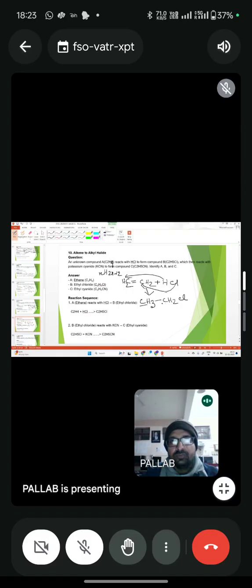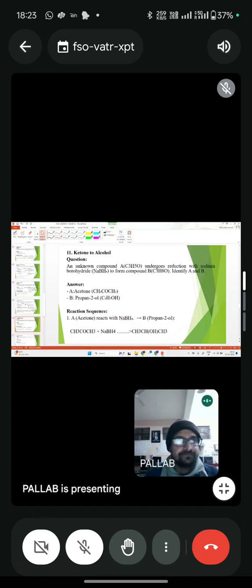You can see 2 carbon 5 hydrogen, so C2H5Cl. And this reacts with KCN to form CH3 CH2 CN plus KCl, and see 1 2 3. So this compound is already formed. Go to the next slide.